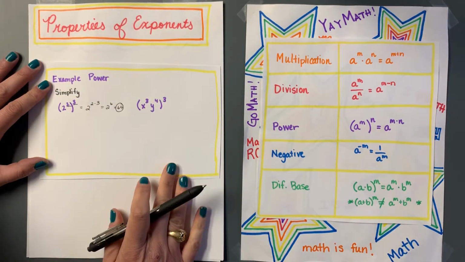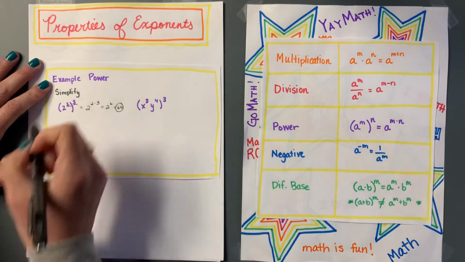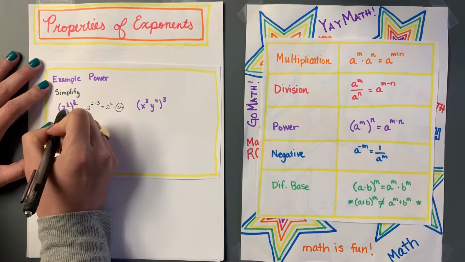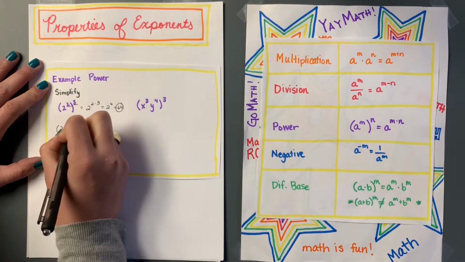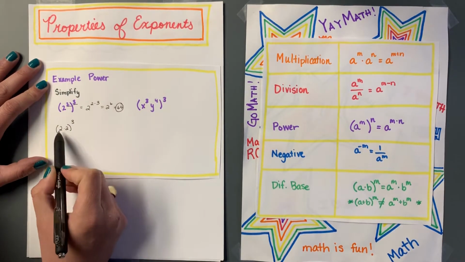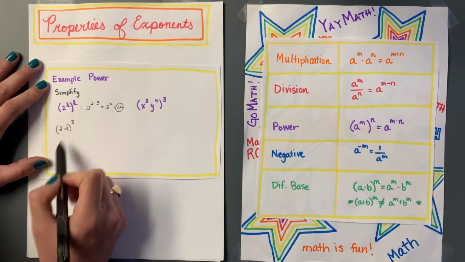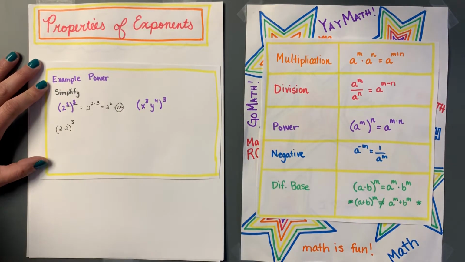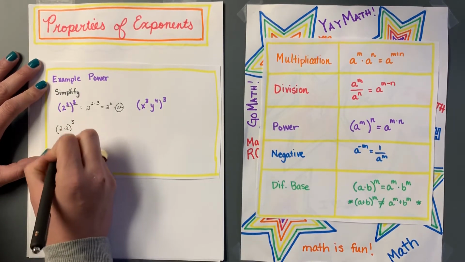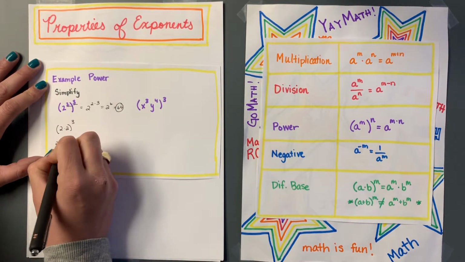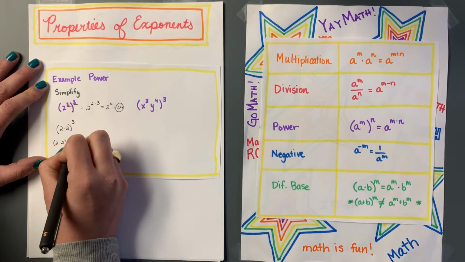All right, but let's think about this a little bit differently. 2 squared means that I have 2 times 2. And saying that I have this cubed, looking at this as something cubed, this means I have 2 times 2, 3 times.